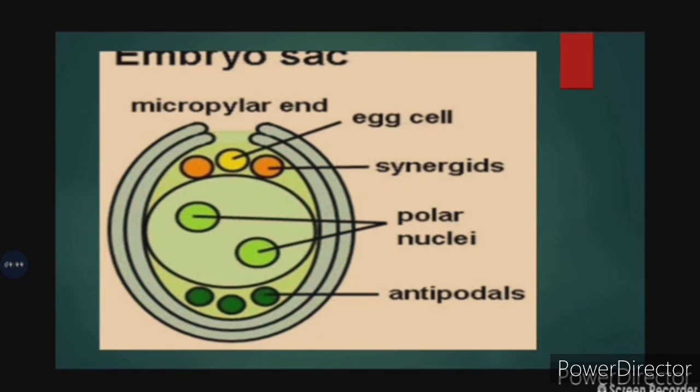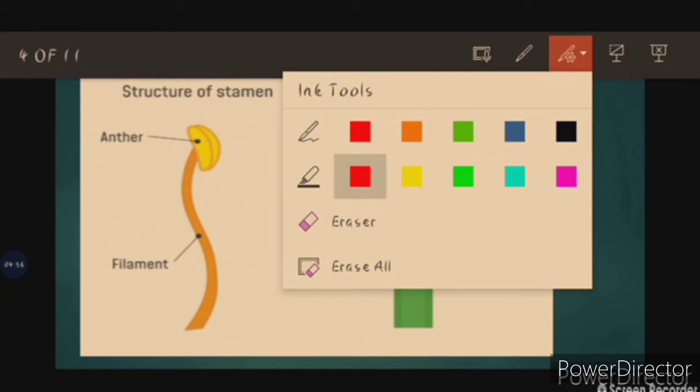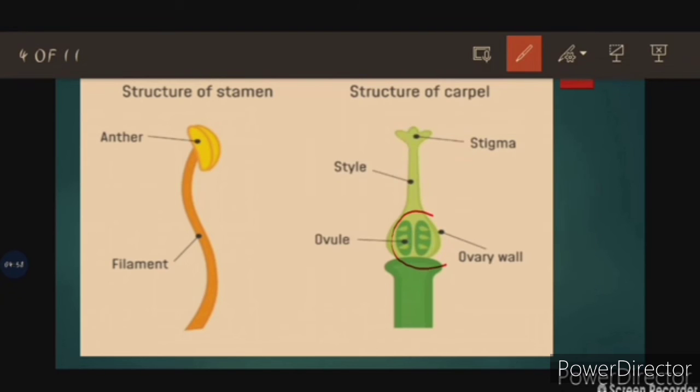Now next, this is the inside structure of a single ovule. See here, in this structure we can see the green portion. Here, this is the embryo sac.